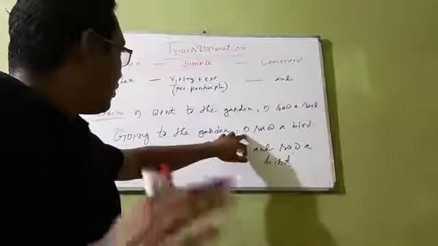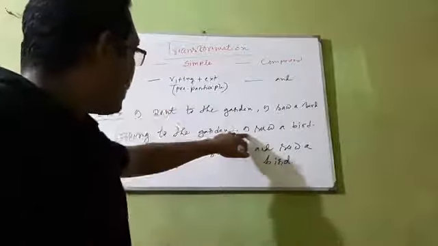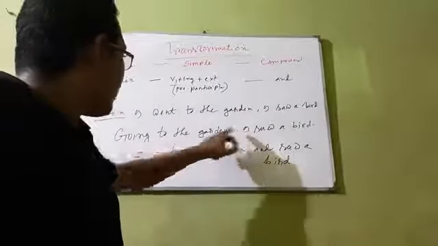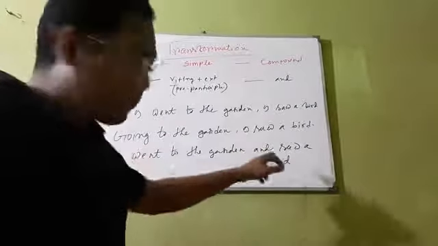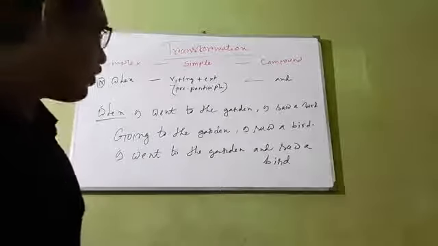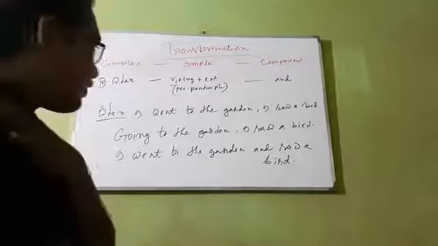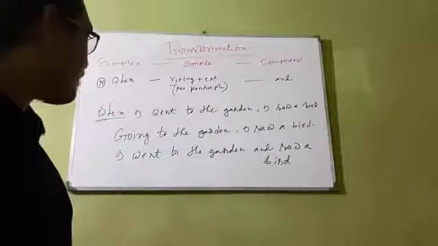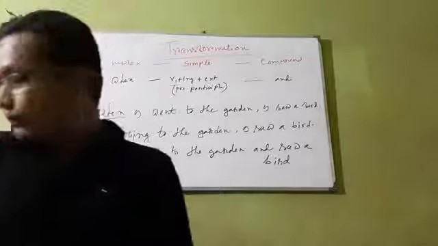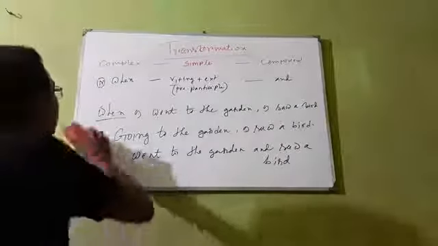Look, we have omitted the subject of the second clause because both the subjects are similar, and we all know that we can omit the second subject if the subject of both clauses is the same. Now go to number 5.